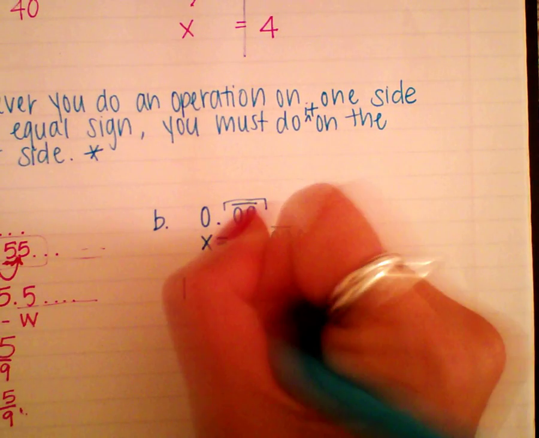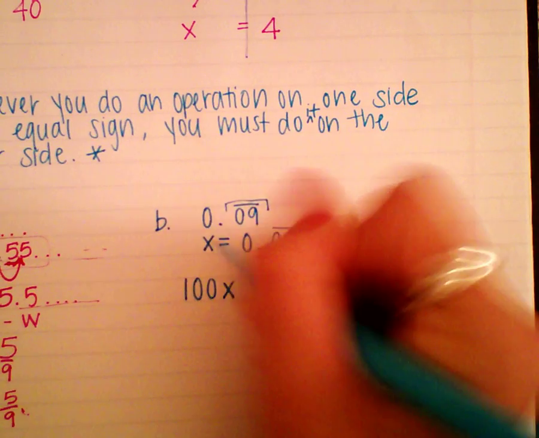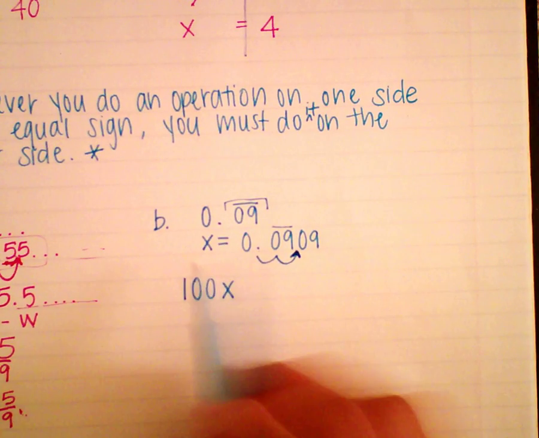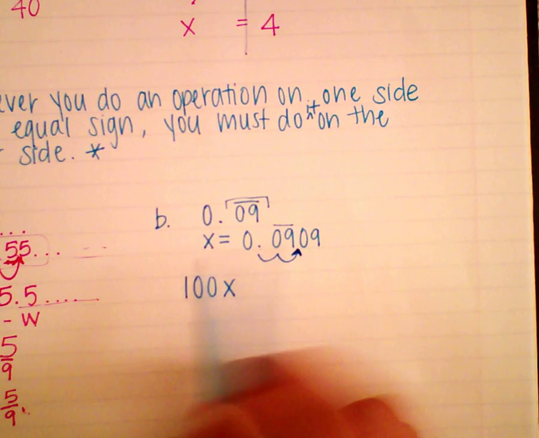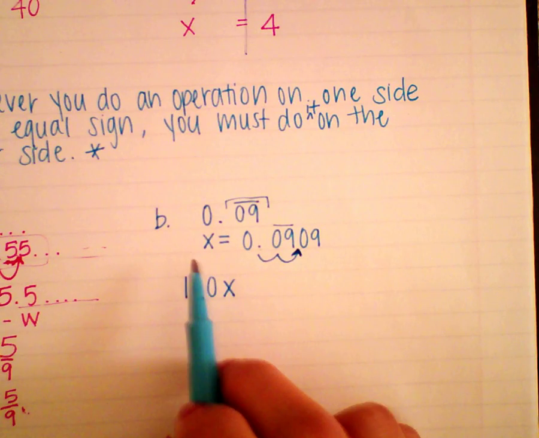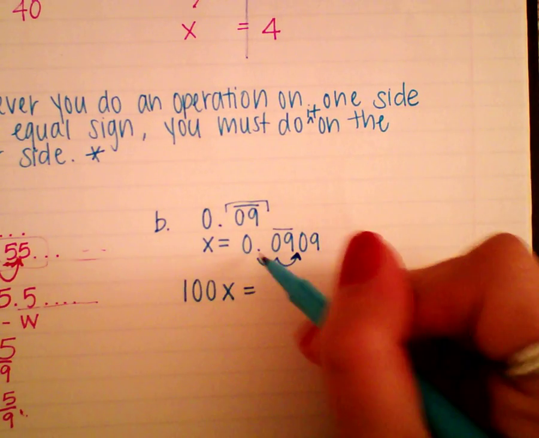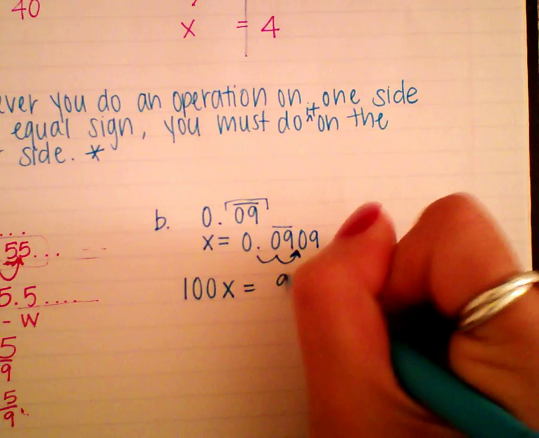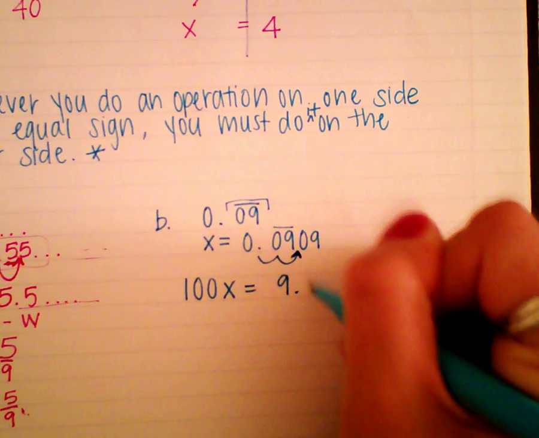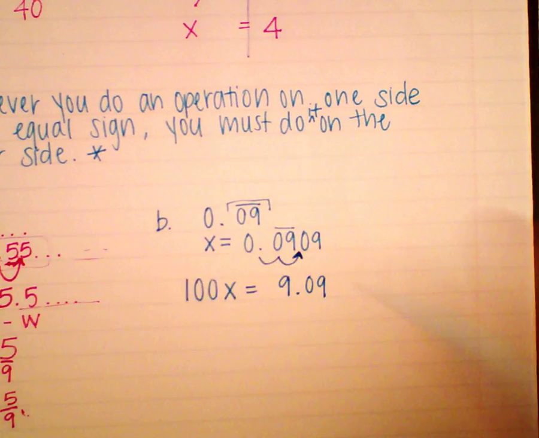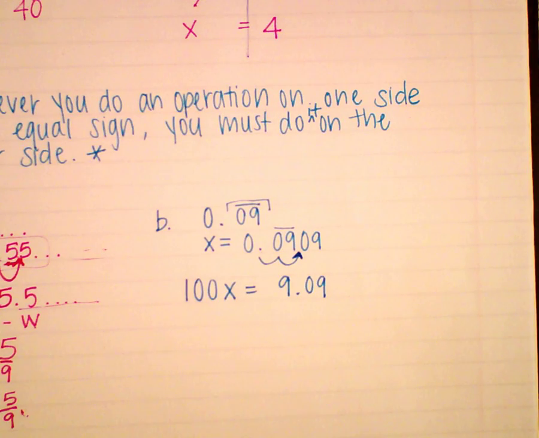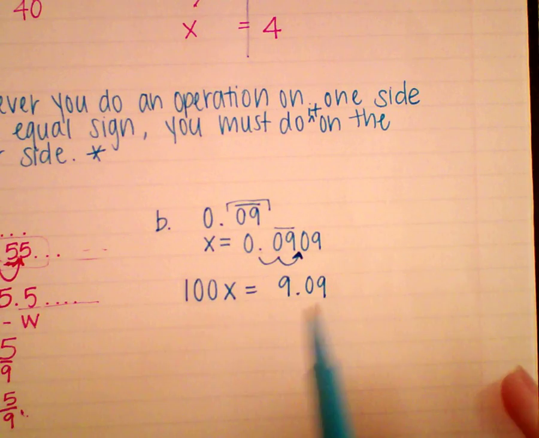So 100x, whatever I do on one side, I do to the other. If I multiply this side by 100, I need to multiply this side by 100. 100x is really the same thing as 9.09 repeating. Now I'm going to do the same process as before. I want to get rid of all this decimal junk.